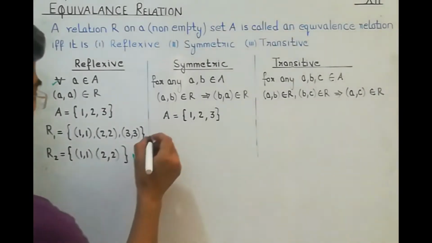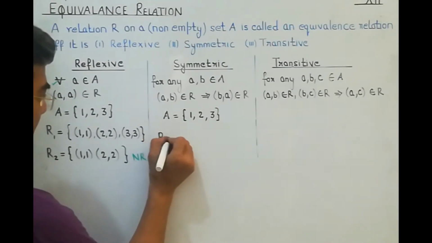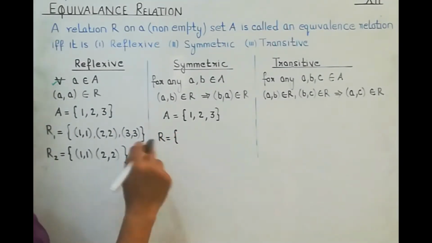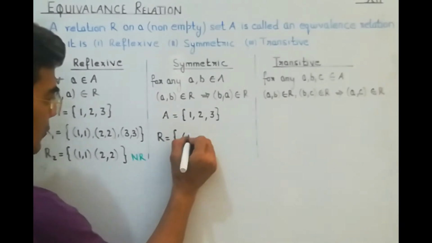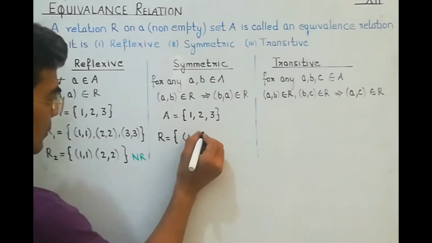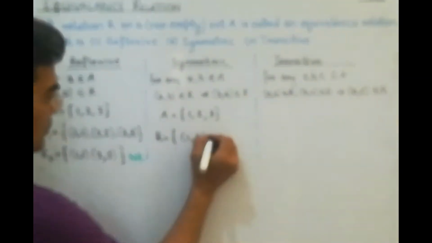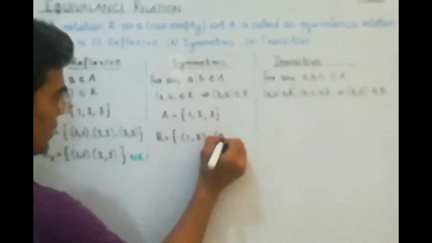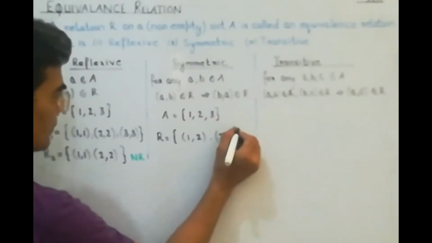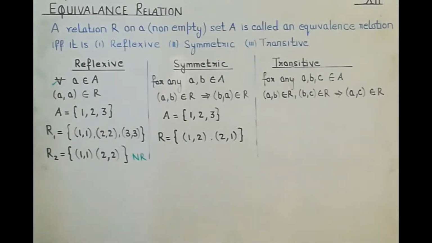For example, we have a relation (1, 2) and (2, 1). So we will call this relation a symmetric relation.